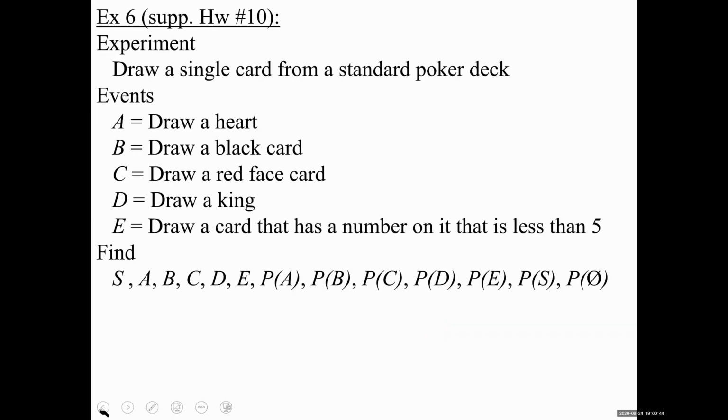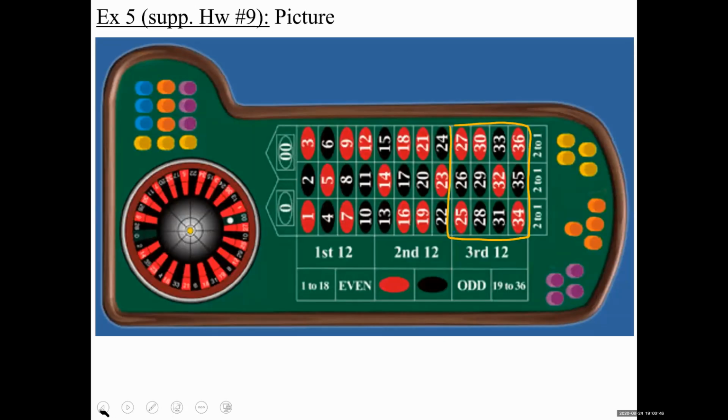Okay, by the way, when you specify an outcome in this example, if you write 3, I don't know which 3 you're talking about. There's a lot of 3s. So you have to say the suit. So for a card, you got to say the rank and the suit. You got to say like 3 of hearts, or 3 of diamonds. You got to say both. But in roulette, maybe you noticed, I didn't say the color. When you said 26, I didn't write 26 black.